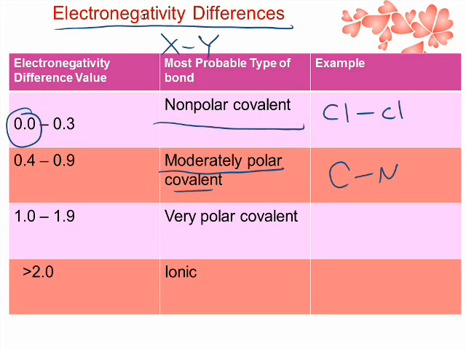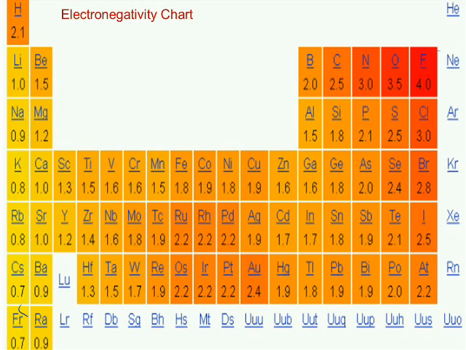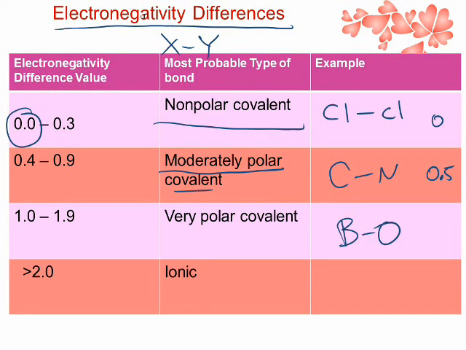That's going to be moderately polar covalent. How about if we look at boron and oxygen? We have oxygen at 3.5, boron at 2. 3.5 minus 2 is 1.5, so that's very polar covalent.